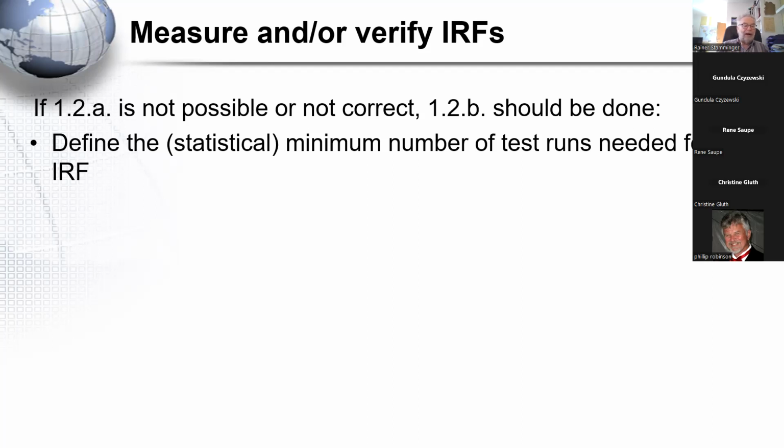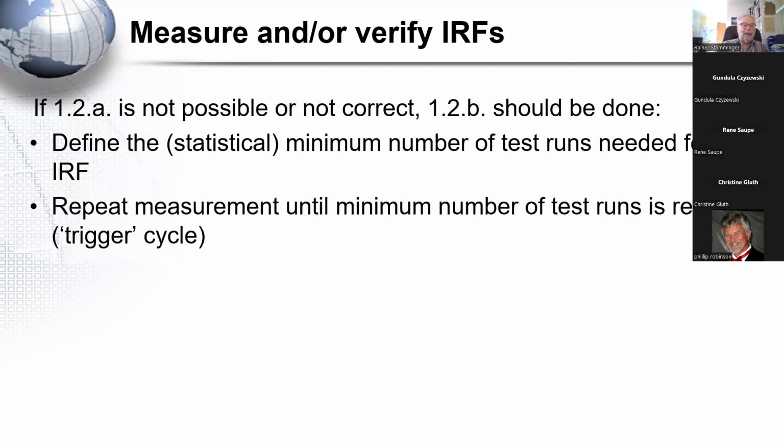So normally we take 5, or we can take 3. So we have to define what is this number which we want to have. And by doing this, we then can go and measure the machine and see how long it takes to come up with the minimum number of each of the IRFs to happen.